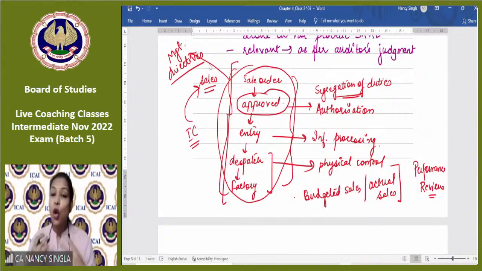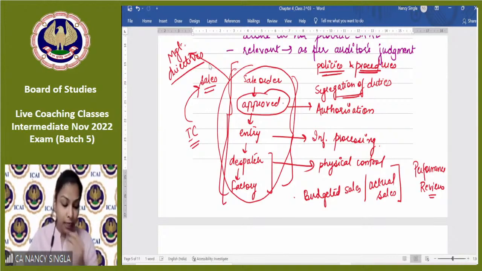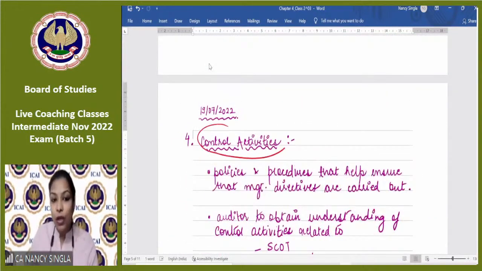Now, in order to be sure that management directives are carried out, there are certain policies and procedures. Such policies and procedures which are there to ensure that management directives are carried out are called control activities.